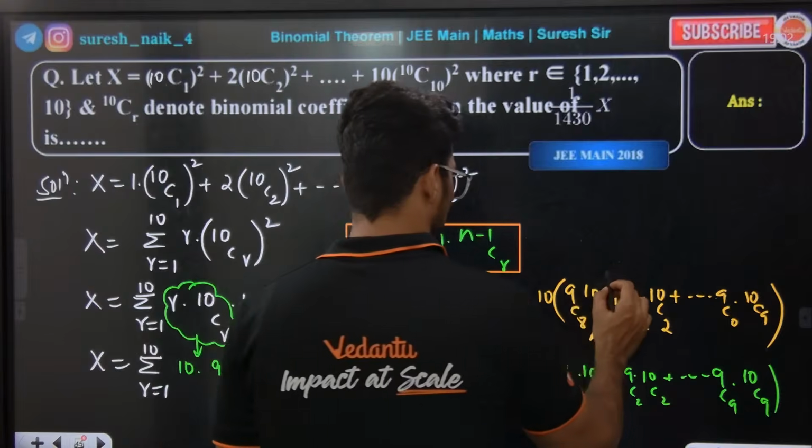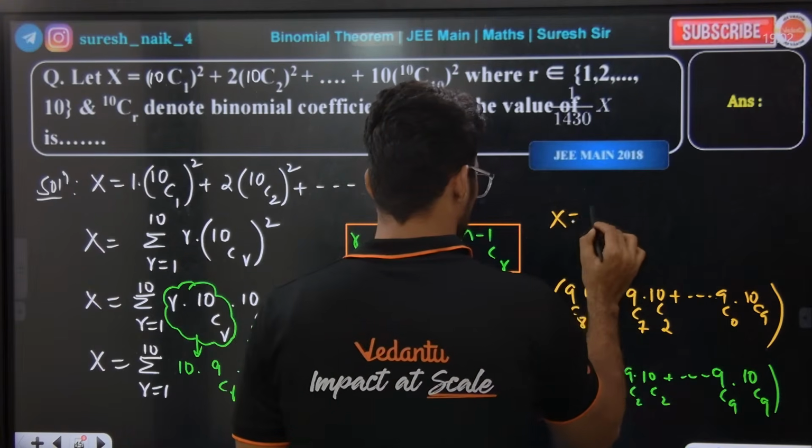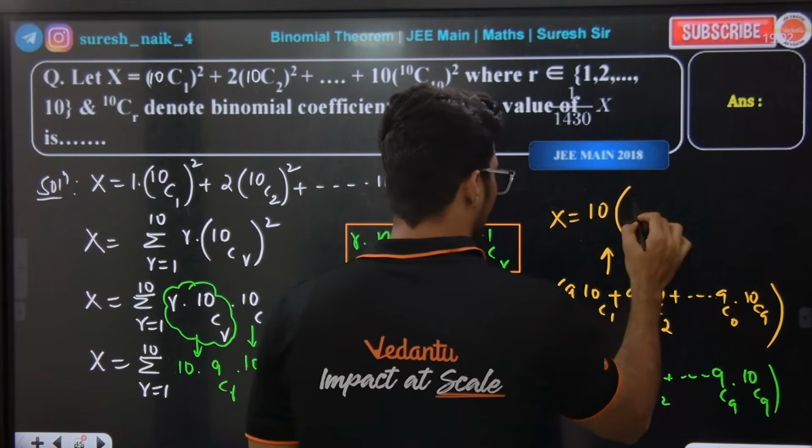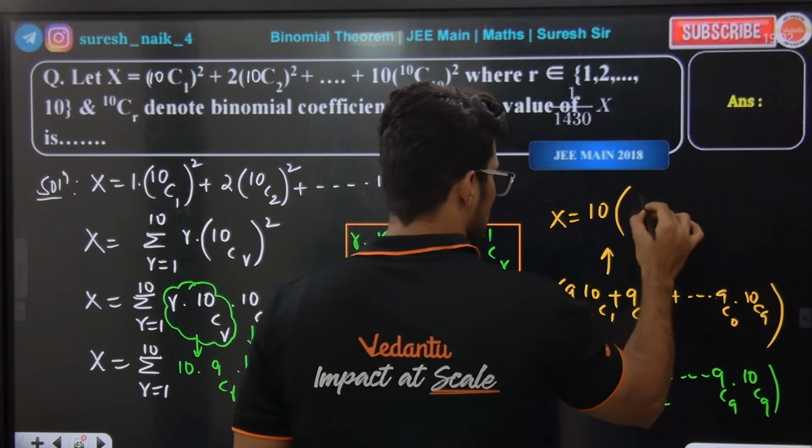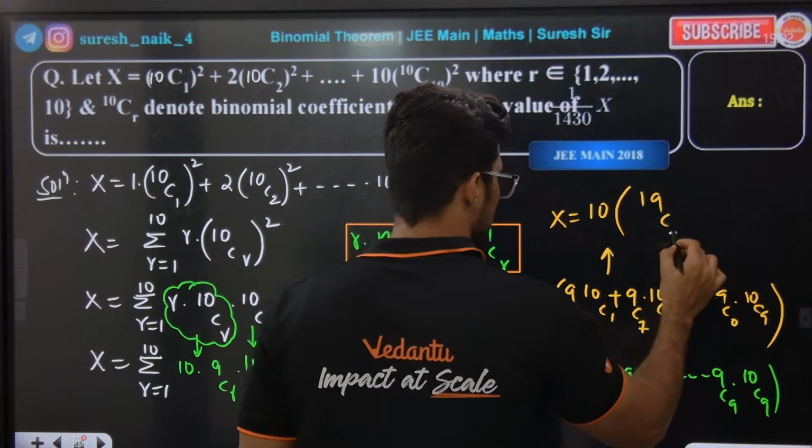So from this, with 10 as it is, can I apply the binomial series formula? The sum of upper suffixes is 19, the sum of lower suffixes is 9.